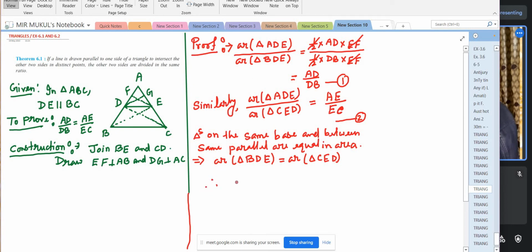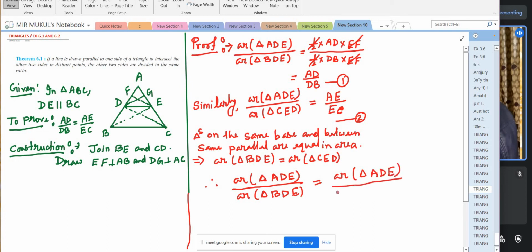Therefore, area of triangle ADE divided by area of triangle BDE equals area of triangle ADE divided by area of triangle CDE, right?